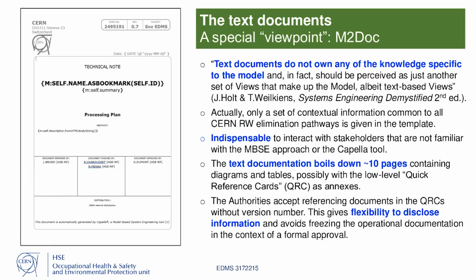But ARCADIA and Capella guided me to structure the documentation in several levels. And again, only the top document, 10 pages, was frozen. The operational documentation was mentioned, annexed, but without version number, which means that we still have the flexibility to integrate the lessons learned during operation.